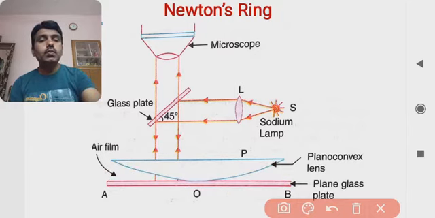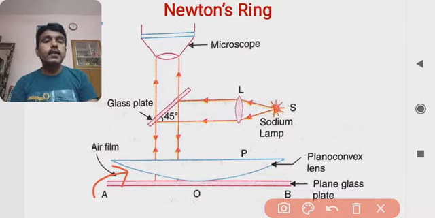And due to this air film, the reflected rays have differences in their path, and this path difference is actually creating the Newton's ring phenomenon, or you can say the interference pattern.